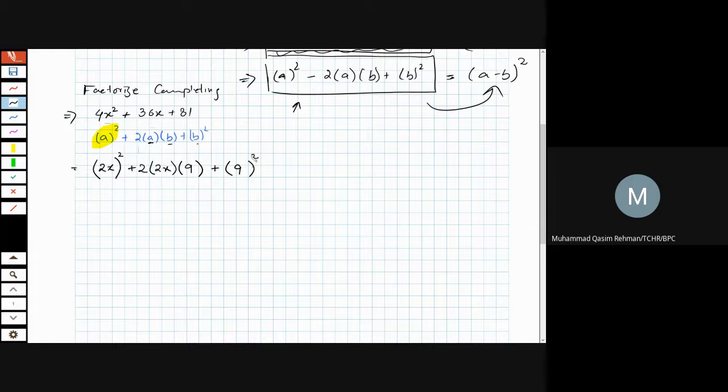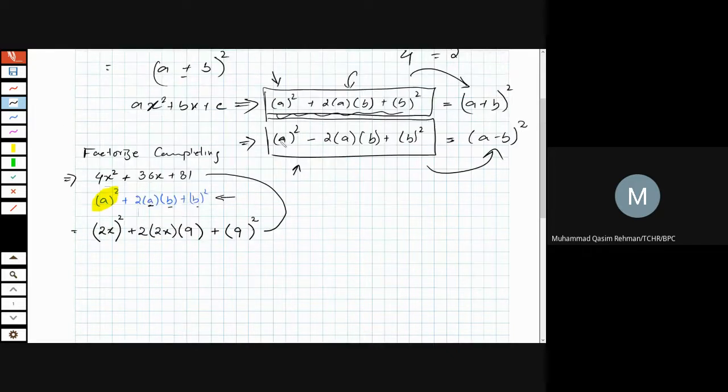All right, now the last one is 9 square. Now 9 square is 81, which is exactly the same over here. So I have actually transformed this whole thing into this particular format as 2x whole square plus 2 into 2x into 9 plus 9 square.